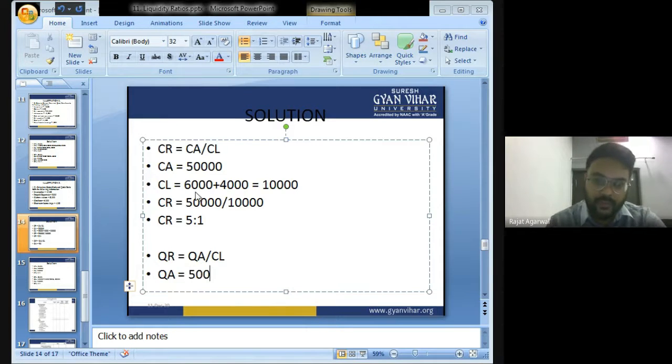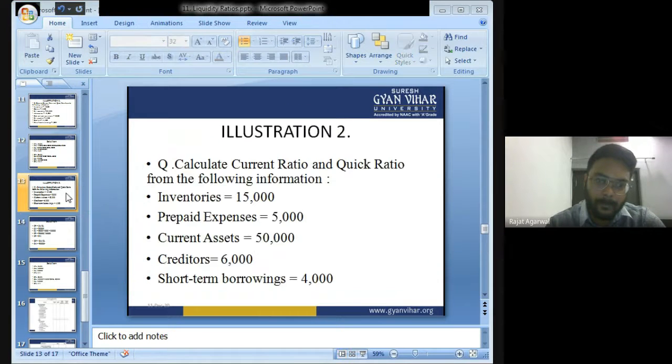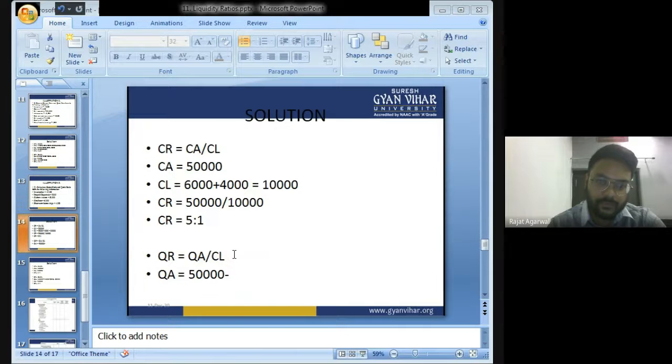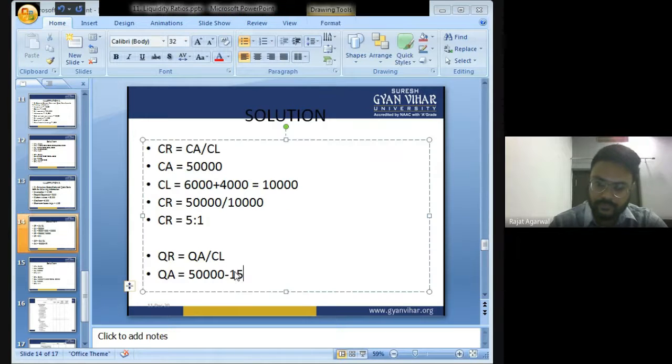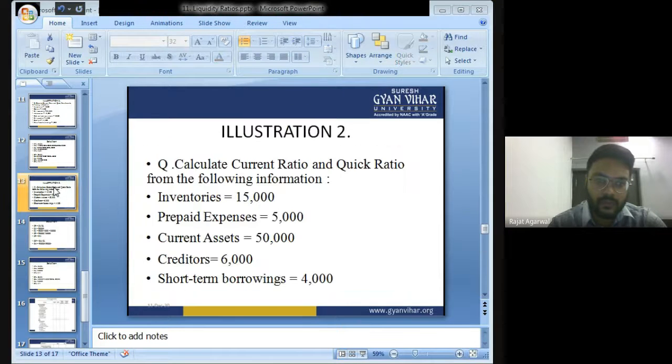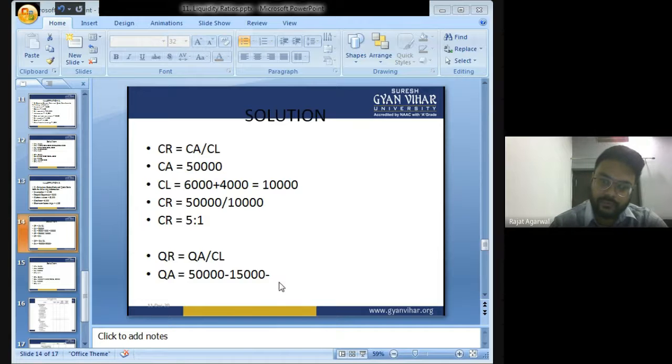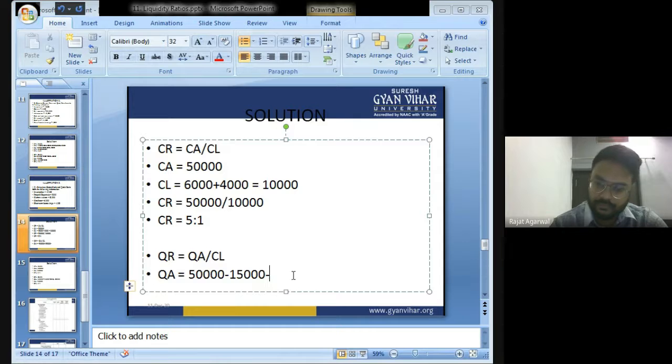Current asset is 50,000. We will deduct stock, that is 15,000, and we will also deduct prepaid expense, that is 5,000. Okay. So our quick asset will be equals to 30,000.